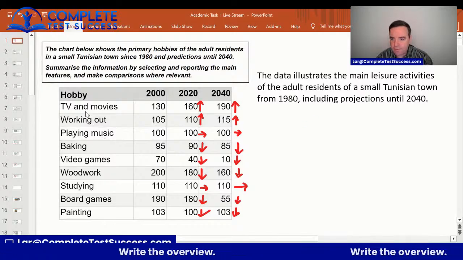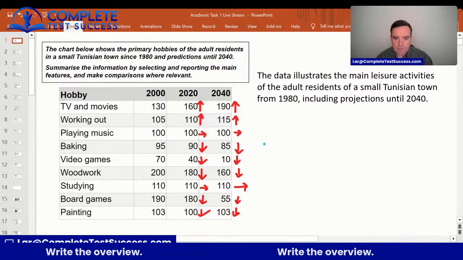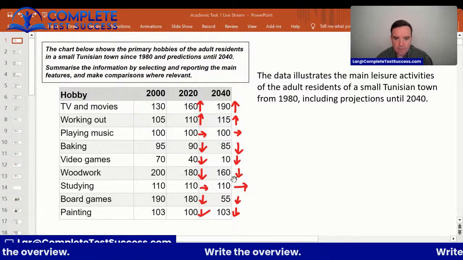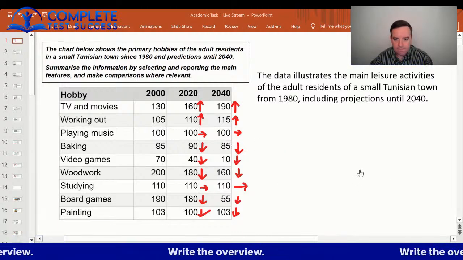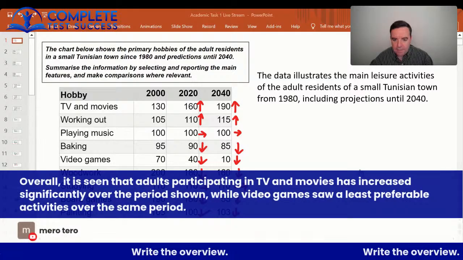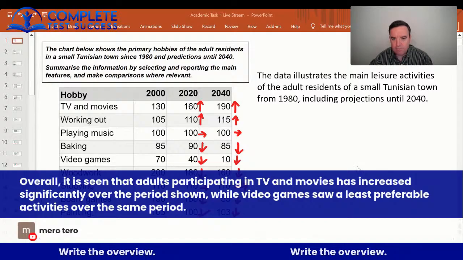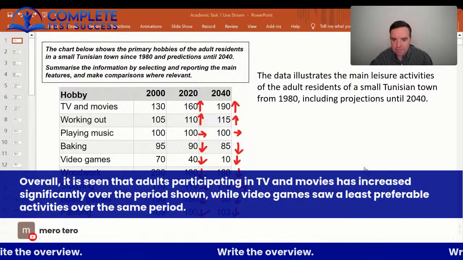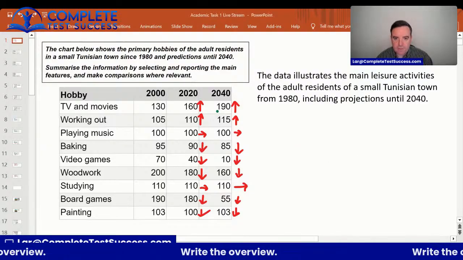So what you're telling me in your overview is that participating in TV and movies has increased significantly over the period. Okay, so you're saying that this one increased.